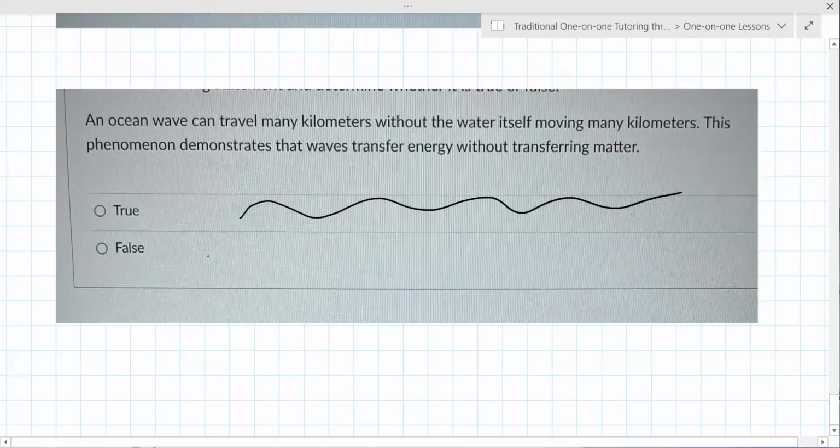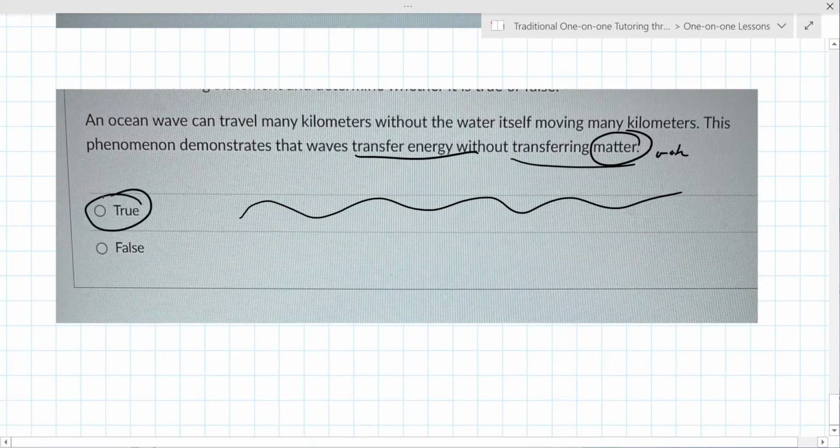So the energy is transferred without the matter, in this case the water. So I guess I would go with true. Is that okay? Yeah. All right.